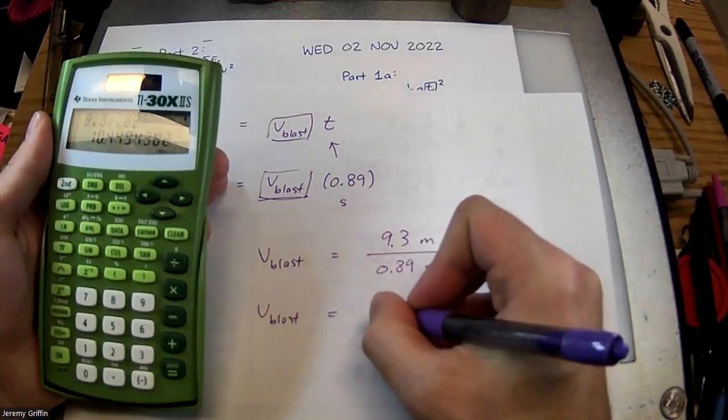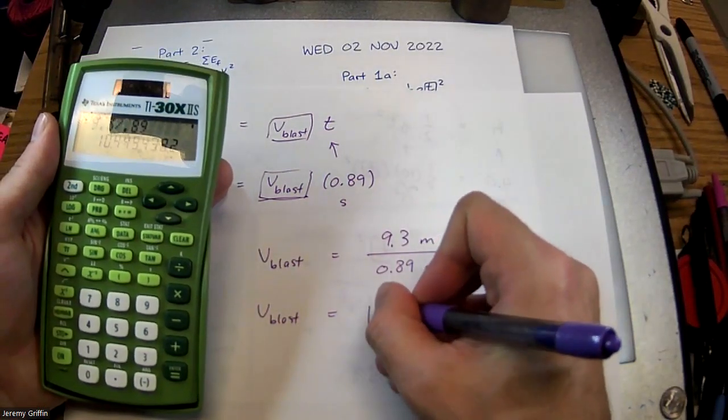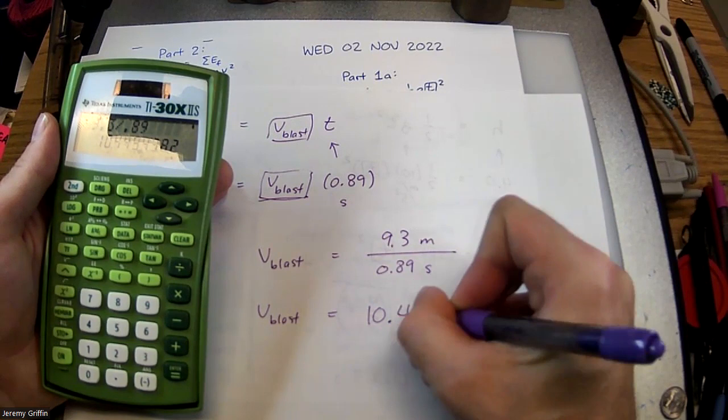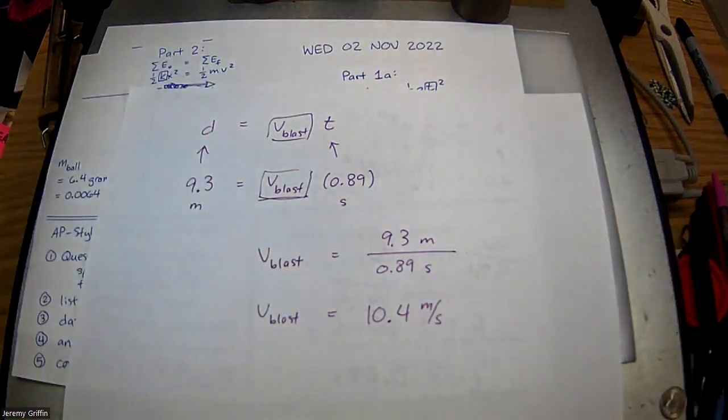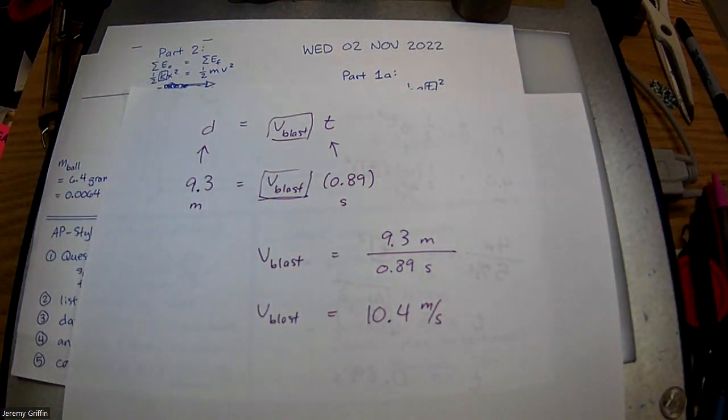I'm looking at 10.4 meters per second. Yeah, that number looks reasonable. 10.4 meters per second, I can believe that. All right, so that's somewhere between 20 and 30 miles an hour. Somewhere there. Yeah, that looks about right.